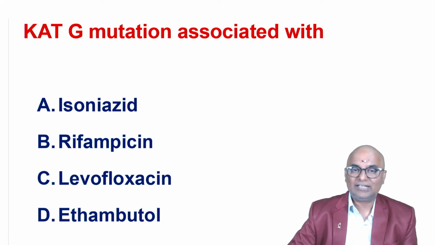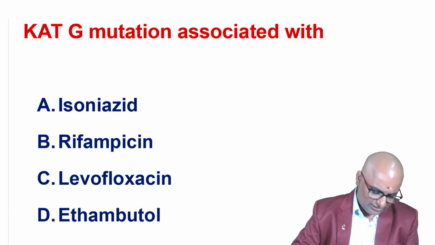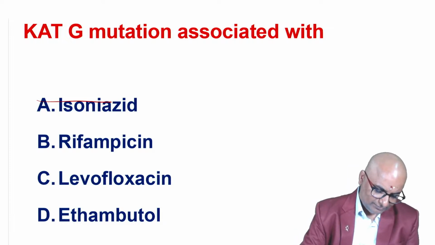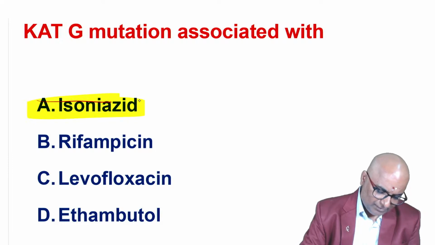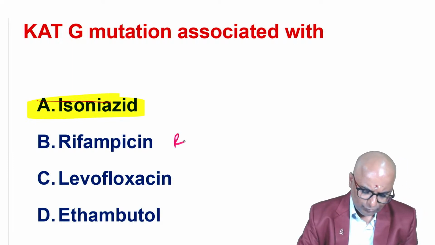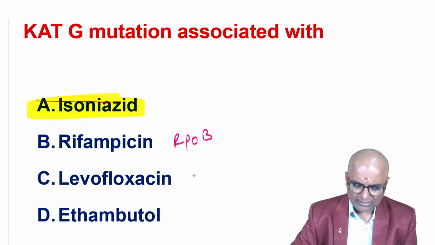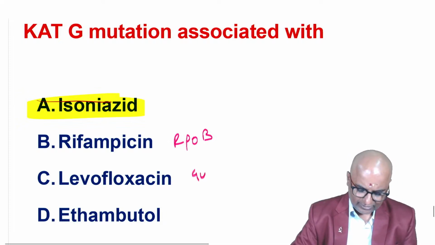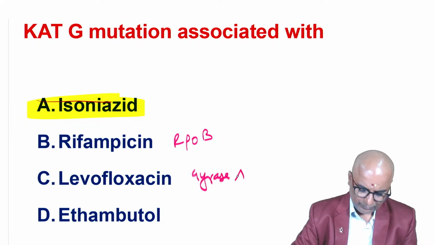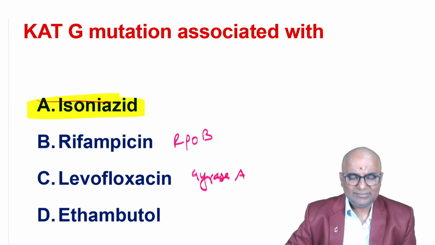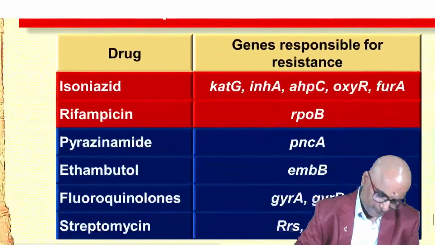How to identify drug resistance? KatG, inhA, everything isoniazid. Rifampicin, you can go for rpoB gene. Levofloxacin, gyrase A. Like that. See the slide? Ethambutol, embB.